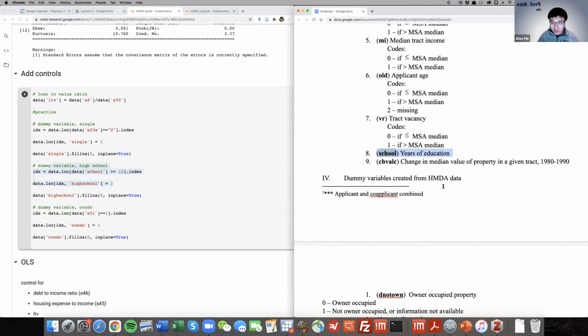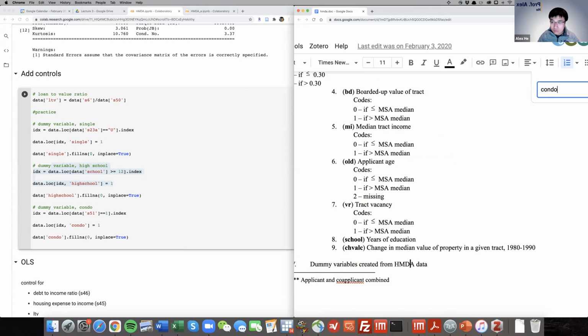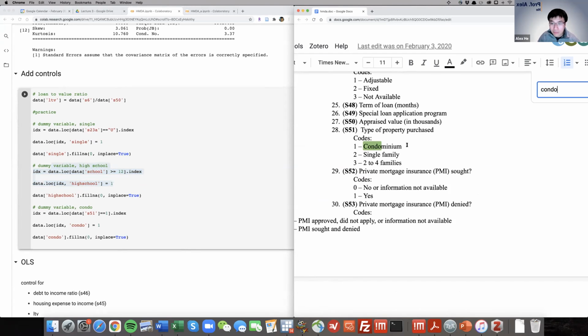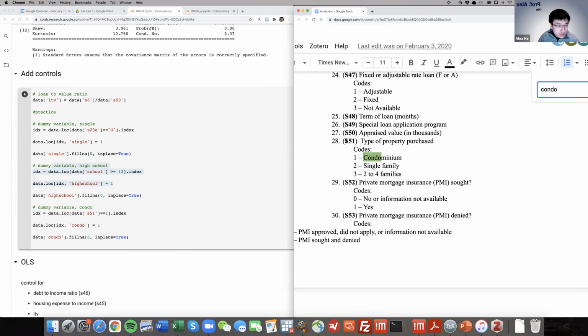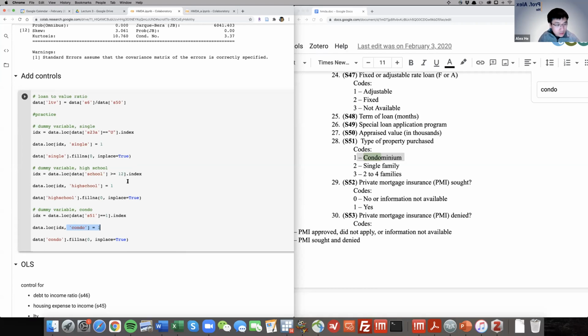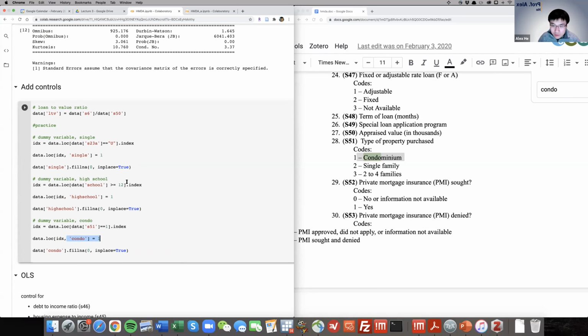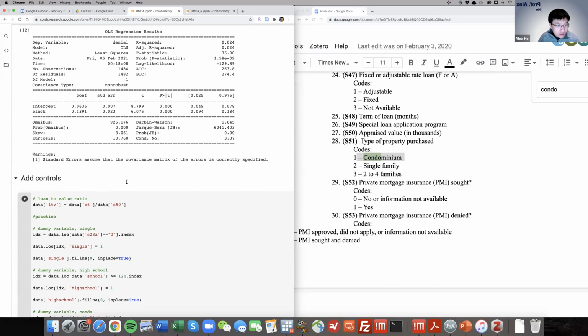And finally, we look for the condo variable, which is S51. If that equals 1, if it's a condo, then the condo dummy equals 1, otherwise equals 0. So this creates 3 dummy variables, all in the same way as we've done above.